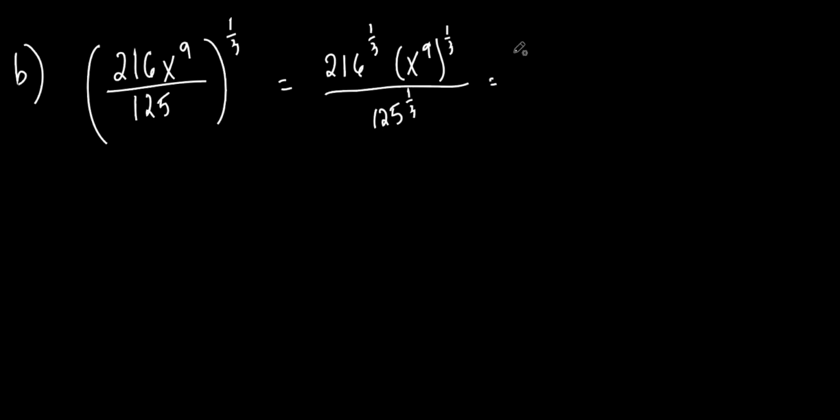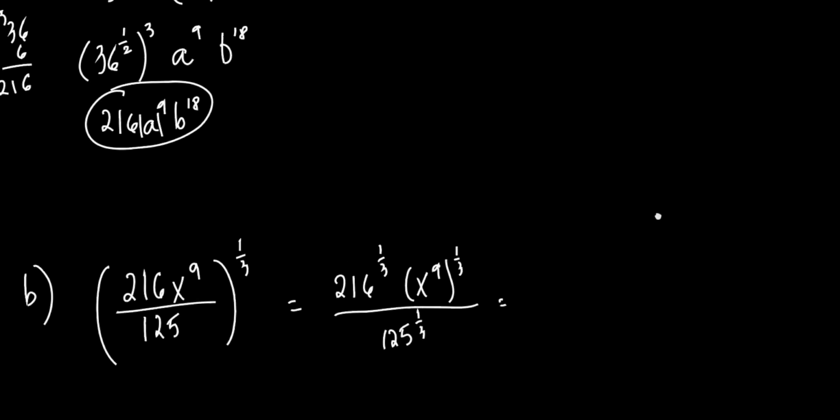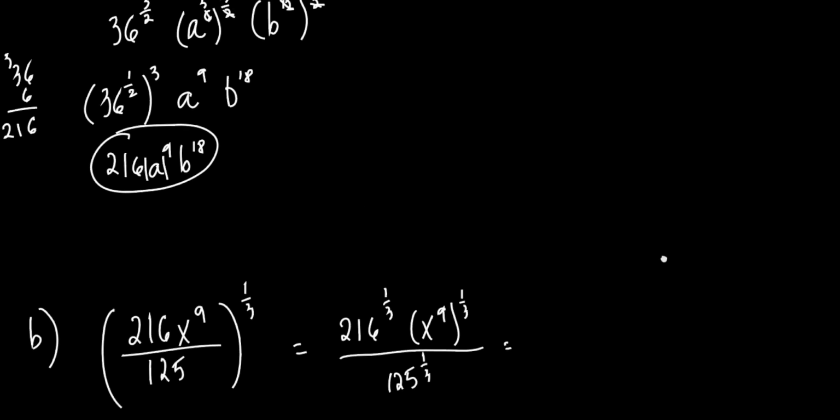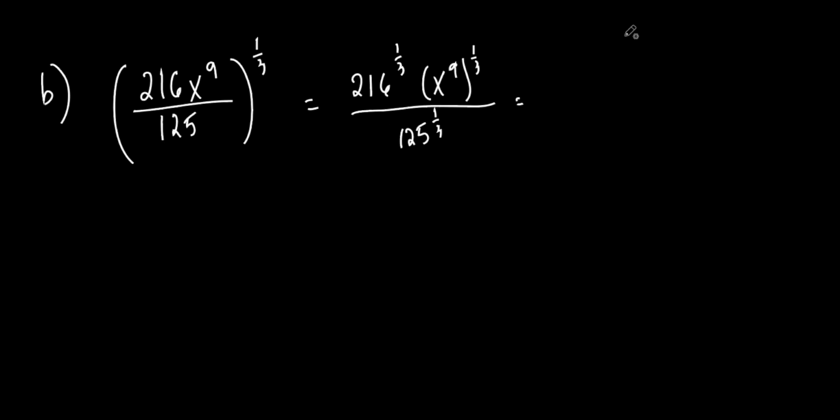So let's think of 216. This is to the 1/3, so it's cubed, right? So I need to break it down where I have groups of 3. Didn't we just do 216 though? Yeah, so what is it? It's 6 to the 3rd, right? So this is just a 6. Is that right?